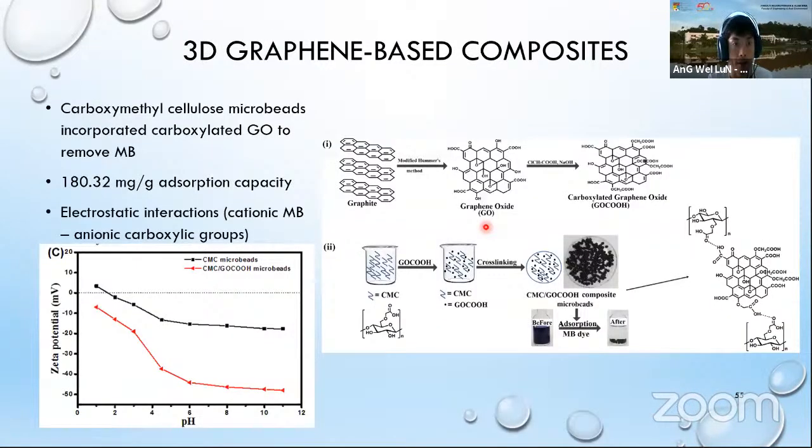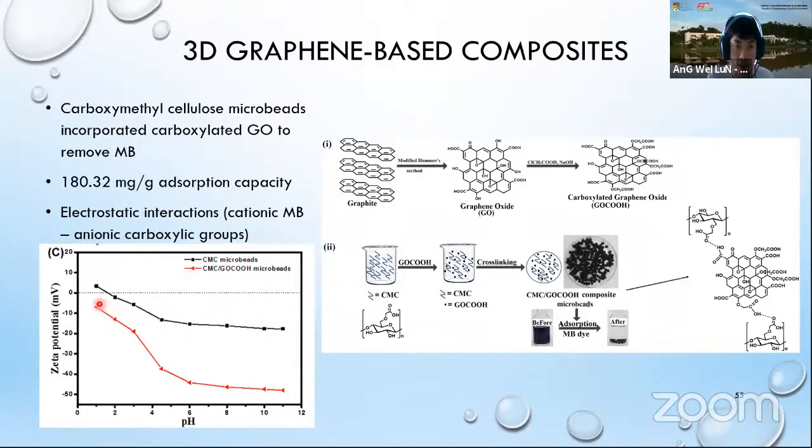And here is another example of microbeads. When you functionalize it with carboxymethyl cellulose microbeads, you notice that the charge has been improved a lot. The original cellulose microbeads have maybe minus 10, 20 negative charge.